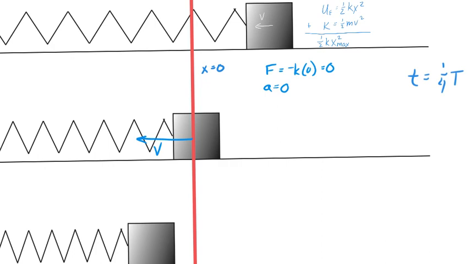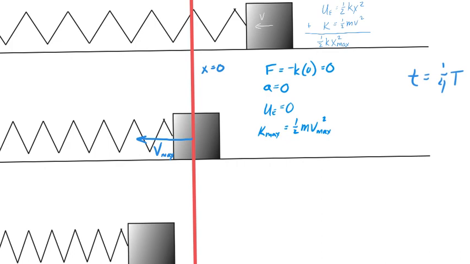But that also means there's no elastic potential energy. This must mean that the kinetic energy is at a maximum. And that must mean we have a maximum velocity. When it passes through equilibrium, it's going as fast as it's going to go.